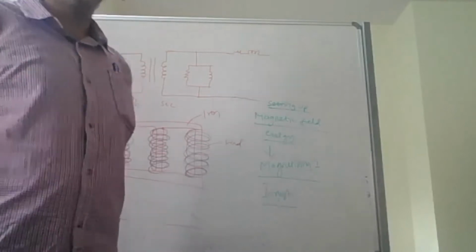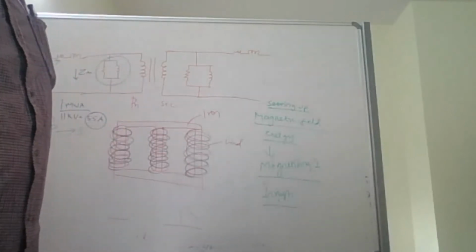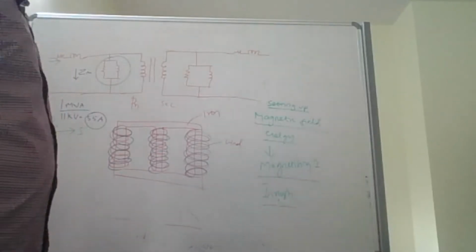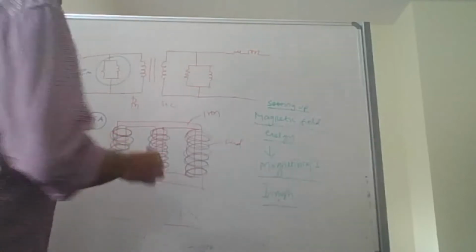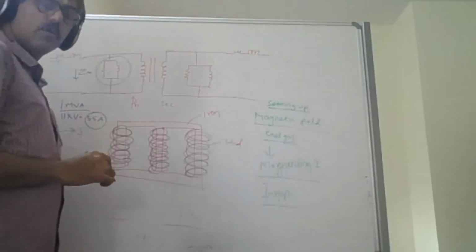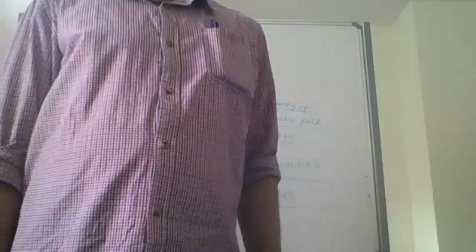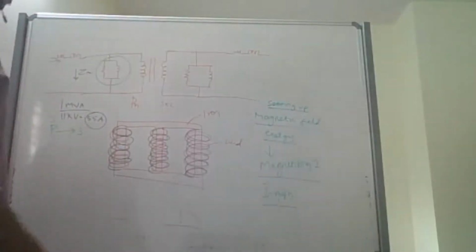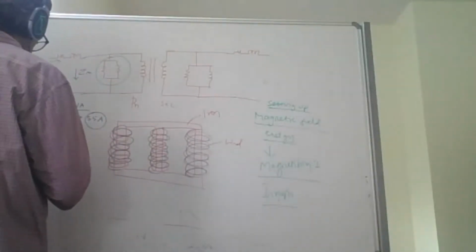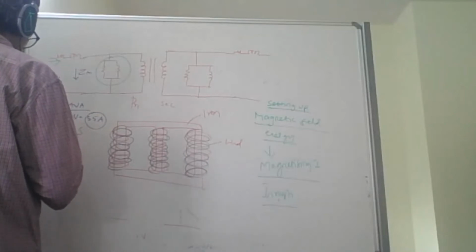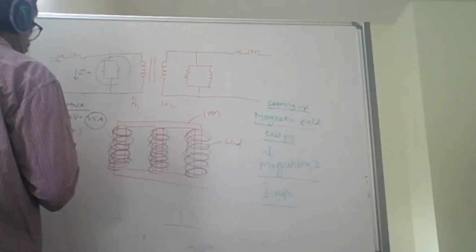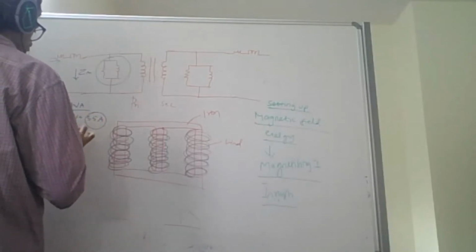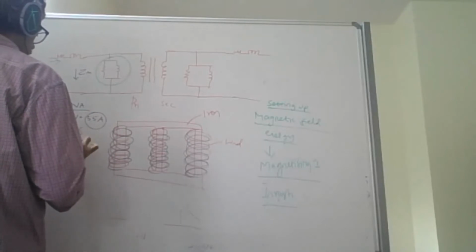Okay, Mr. Inamul, any your data sheet? What is the no load current? Less than 1 to 3%. Okay. Now let me suppose if I take 1, 3, 5%. 1% means 0.55 amps.